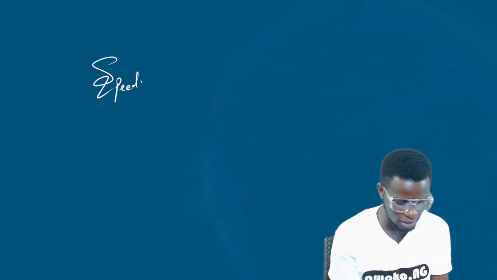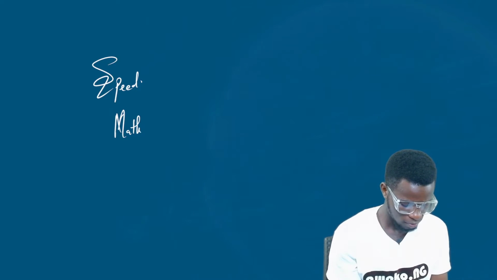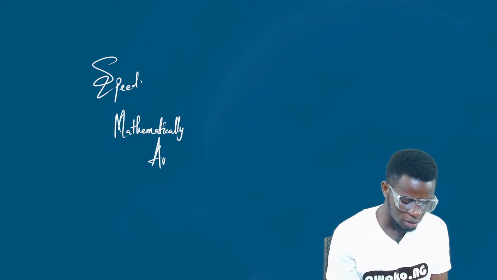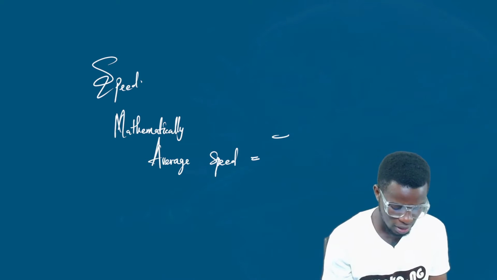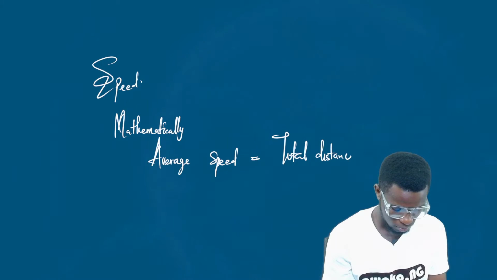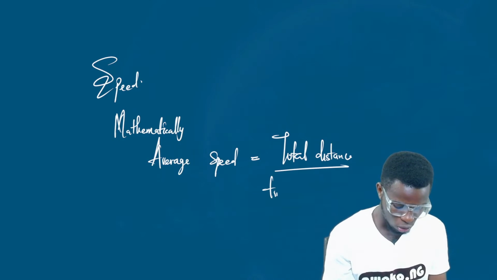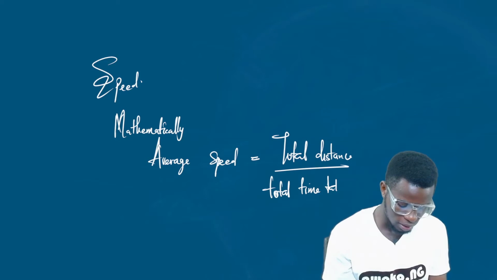So mathematically, average speed is calculated as the total distance all over the total time taken.